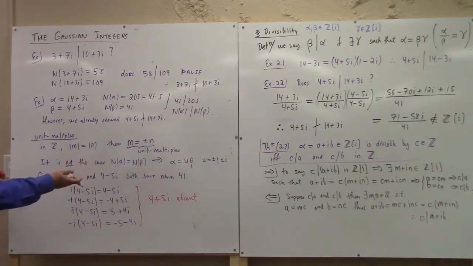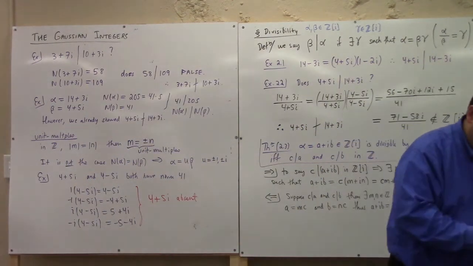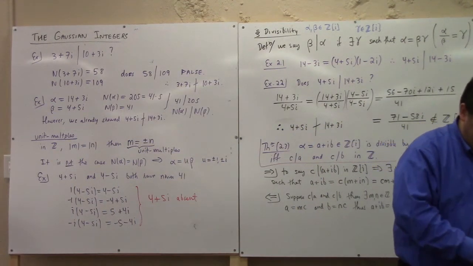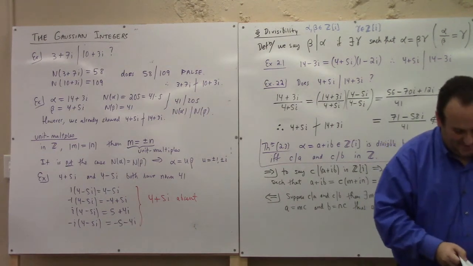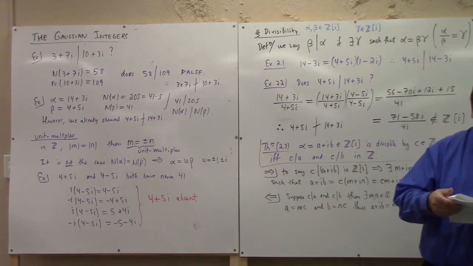Which goes to show you, here's an example: these two Gaussian integers have the same norm, but they are not unit multiples of one another. So we can't even see that from equal norms. Well, what good is the norm if we can't even say that? Well, let's see what good it is.